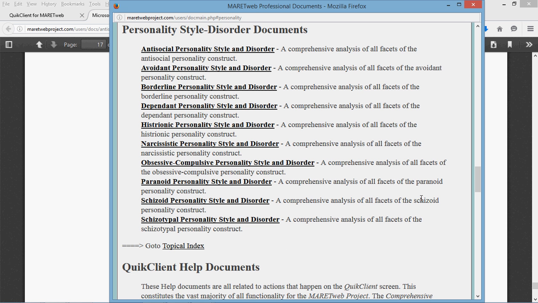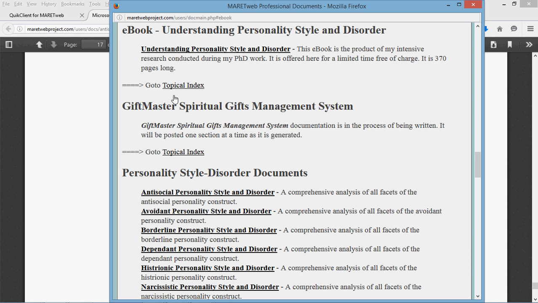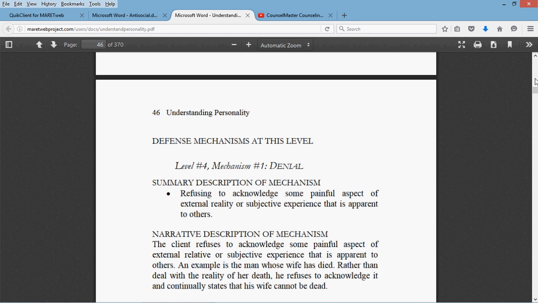And one other, let's go back up to the index ebook, Personality Styles, Understanding Personality Style and Disorder. This is the book that I wrote for my doctorate, and you're going to find this is 370 pages, I believe, like a 6x9 format.